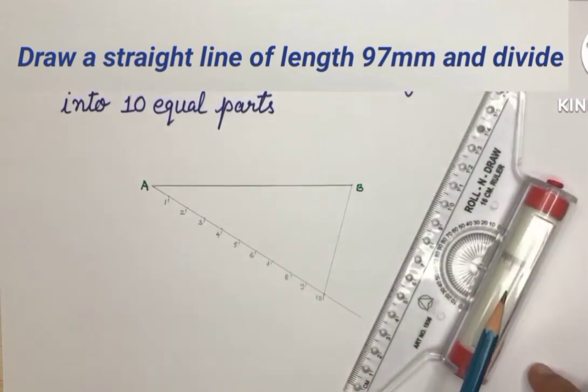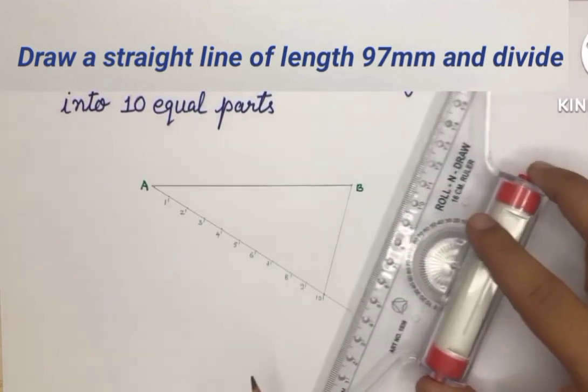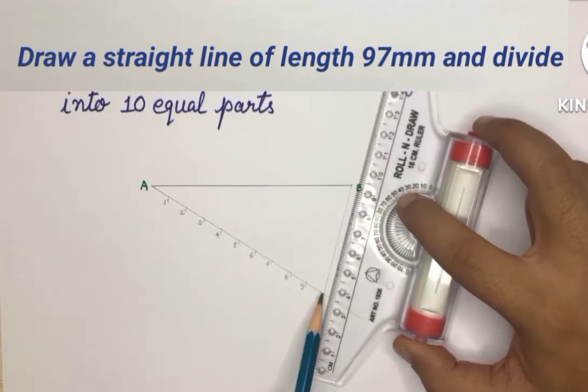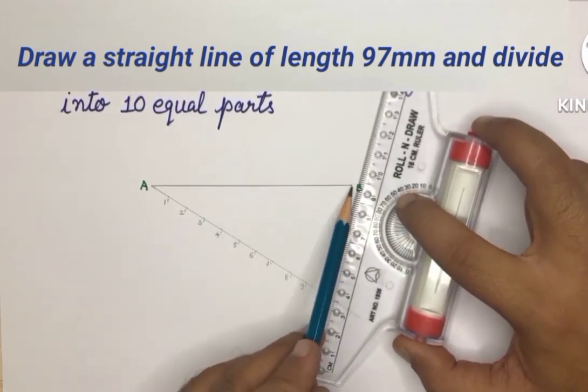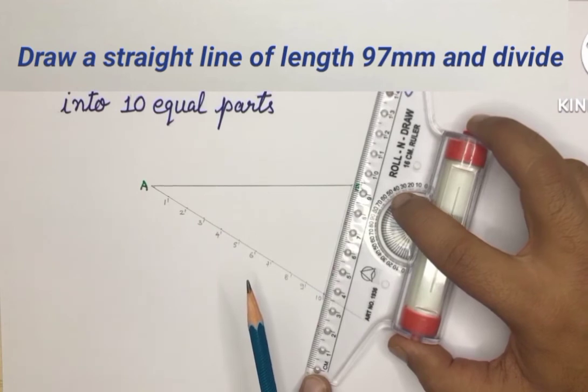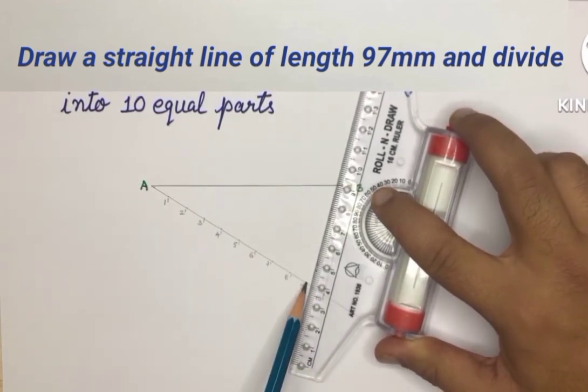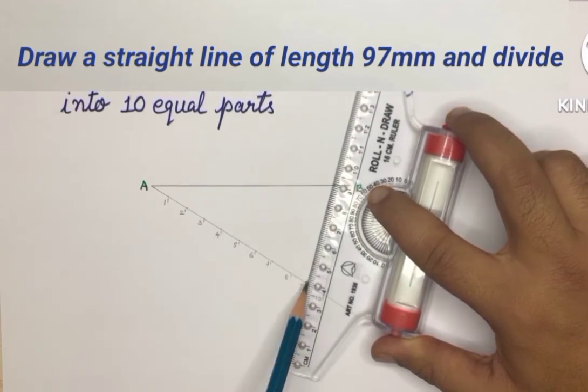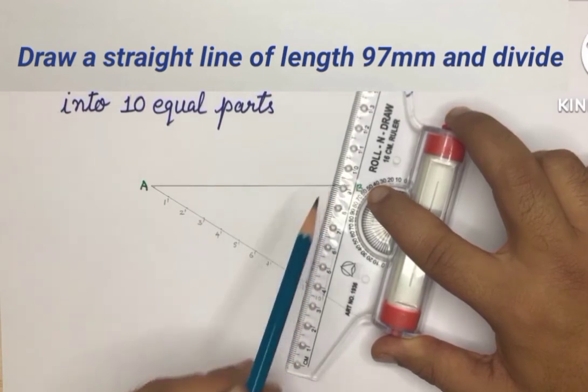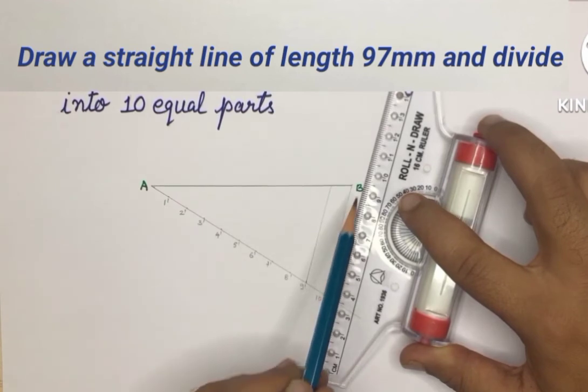Now we will use a ruler scale. Match the ruler scale with line 10 dash B and slide the scale till it reaches 9 dash, and from this point draw a line. This line is parallel to 10 dash B.